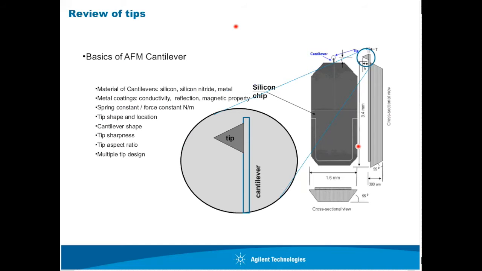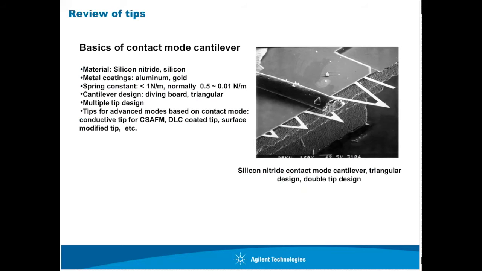Here's a drawing of an AFM tip, and it has a chip, and it has a cantilever, and it has a tip. The things that tell the difference between tips are basically the cantilever shape, the tip sharpness, aspect ratio, and so on and so forth. Okay, let's look at the contact mode cantilevers.